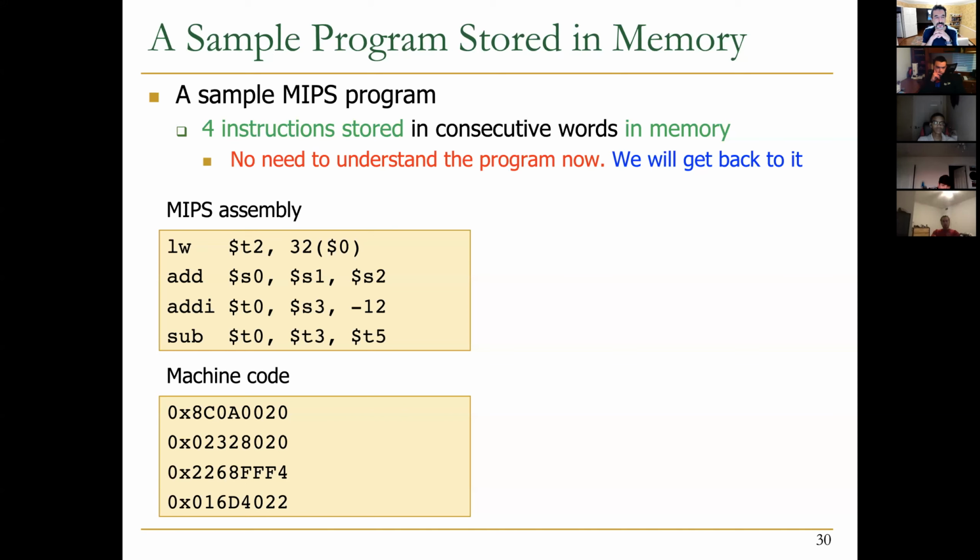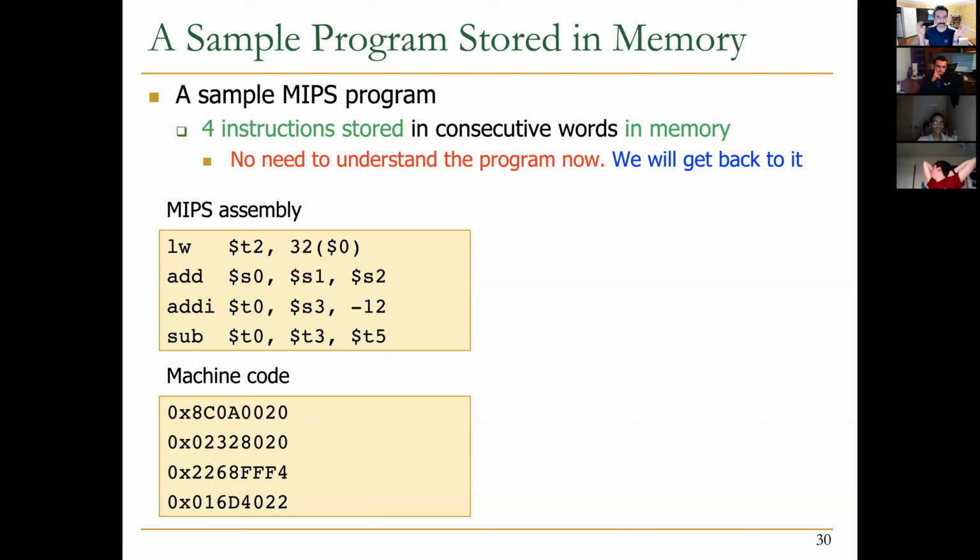So for each instruction, the first one is, for example, an assembly instruction loading a word. For that, you need a particular address. You see that it is given a particular address, 32, and then you load and put it into register number T2.